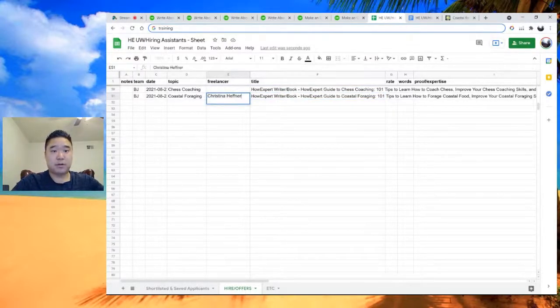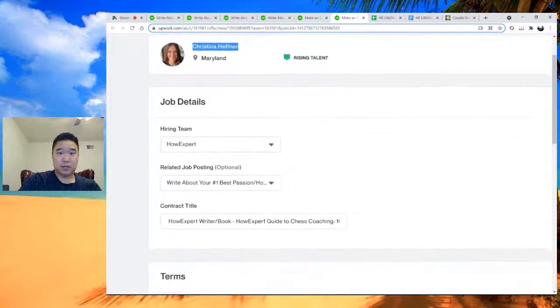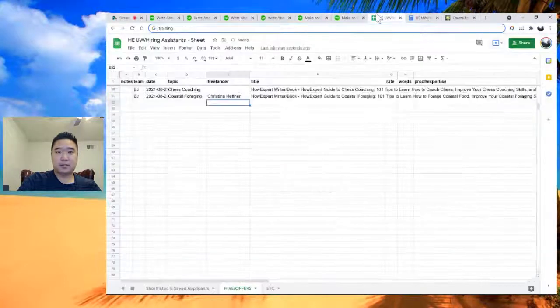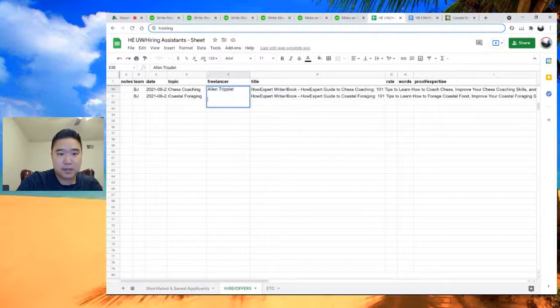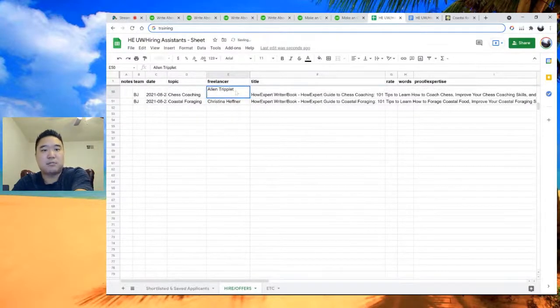So put their name here and paste it. Make sure spelling is always correct, guys. Double check everything. So it's always good to copy and paste. Get the name of the freelancer over here, the person you want to hire. Oh, go back. And paste it. Double click, paste.